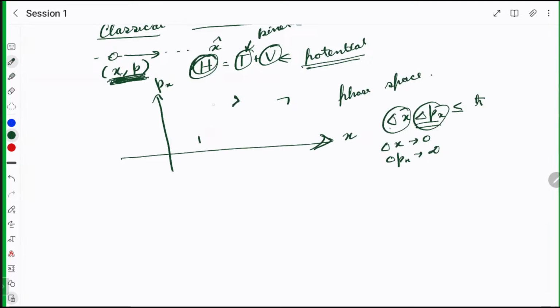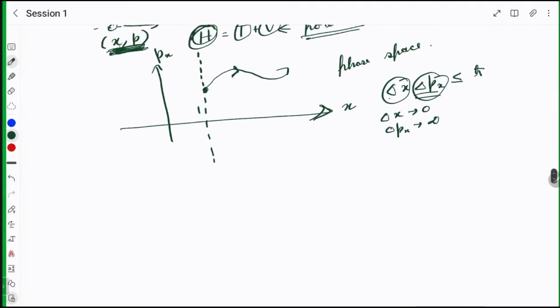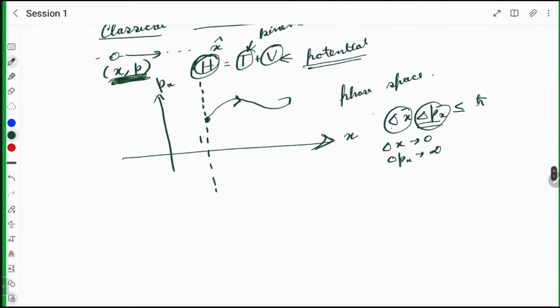Let's say we specify the x here, then in p_x it can be anywhere. So because of Heisenberg's uncertainty relations, the phase space picture, or this kind of treatment, does not really work in quantum mechanics.